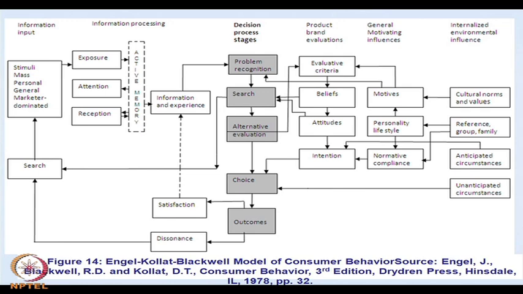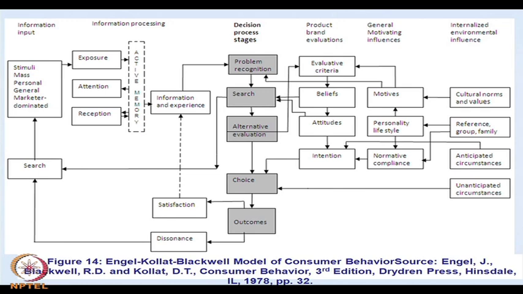Social influences include cultural values and norms, reference groups, families and other normative influences, and the situational factors actually include both anticipated and unanticipated, or expected and unexpected, circumstances and purchase situations.